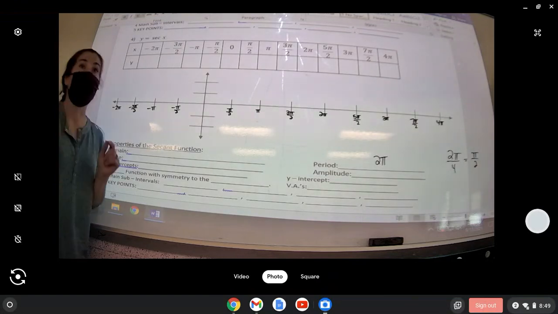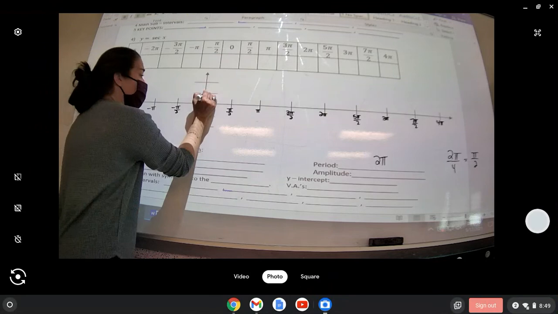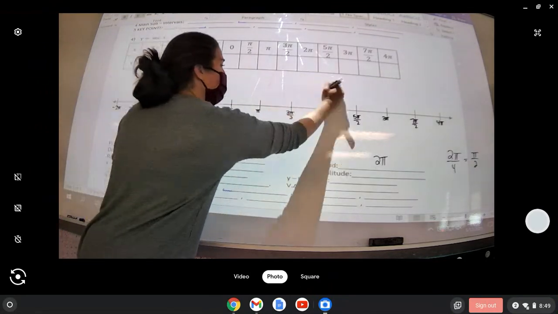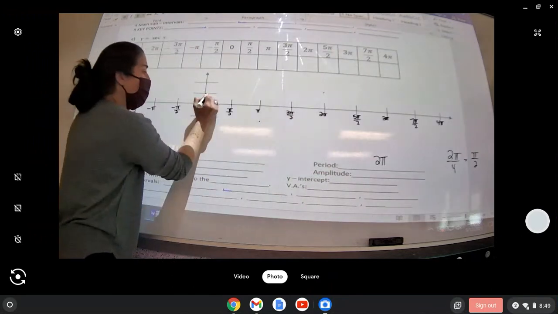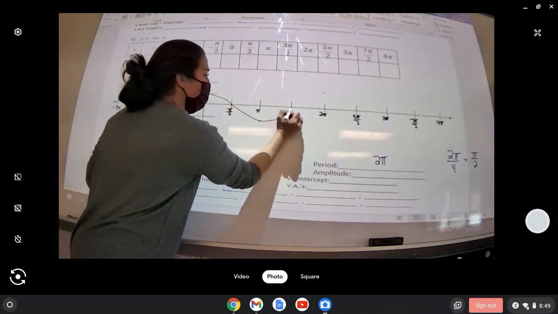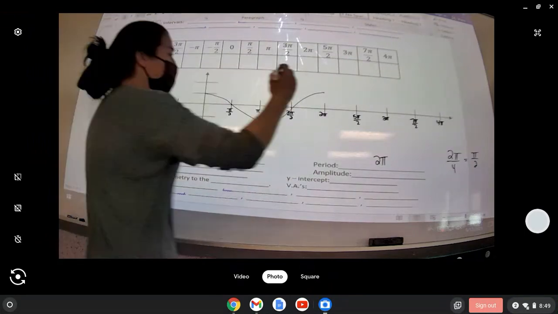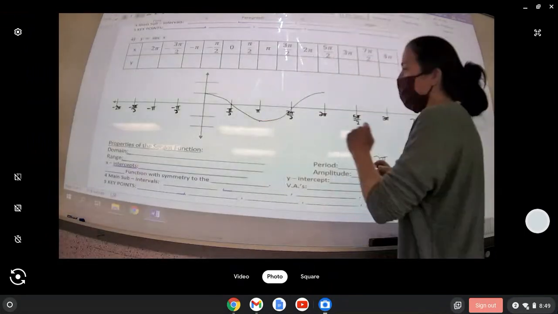Okay, so if we graph cosine, remember, cosine started up at 1, then it went to 0, then it went to -1, then it went to 0, and then we were back up at 1. That was 1 cosine wave, just like that.